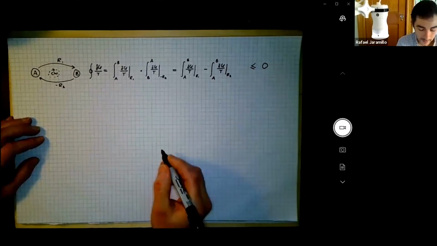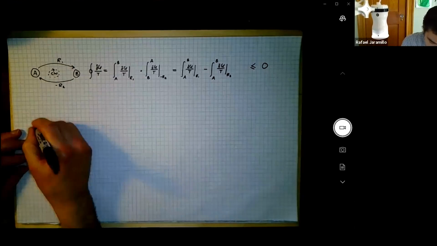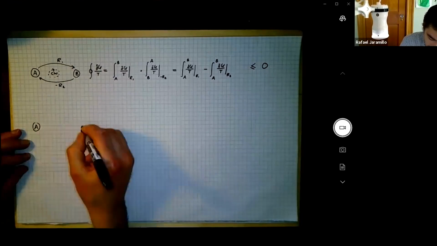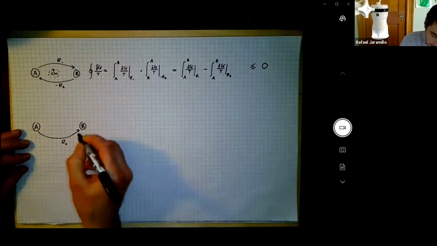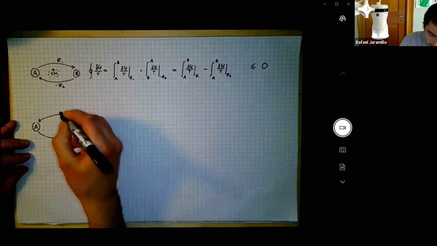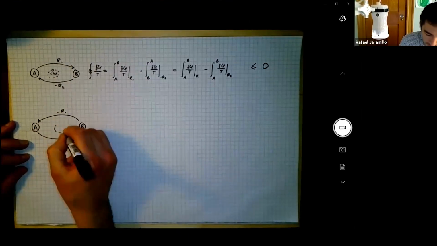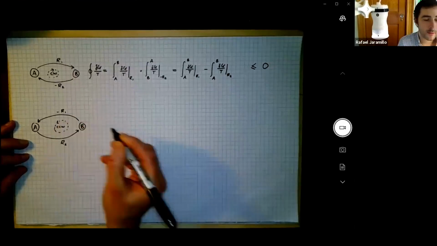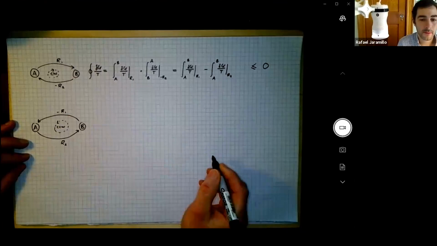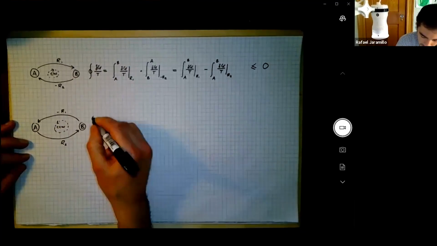All right. Now we're going to consider going the other way. We're going to start at A, and we're going to go along path R2 and back along minus path R1. So this is counterclockwise. Let's do the same calculation.